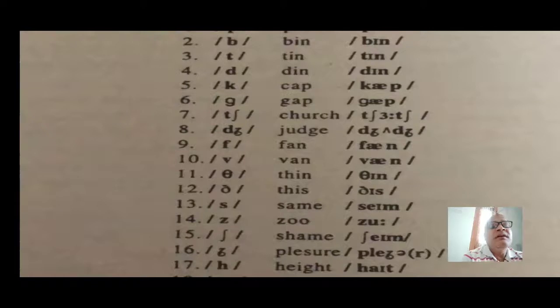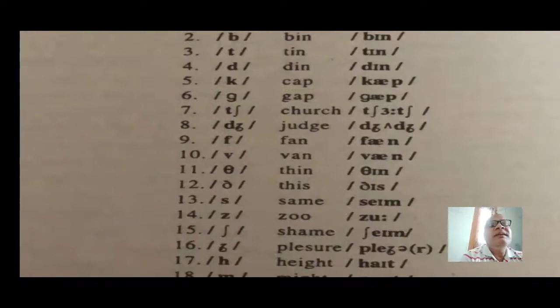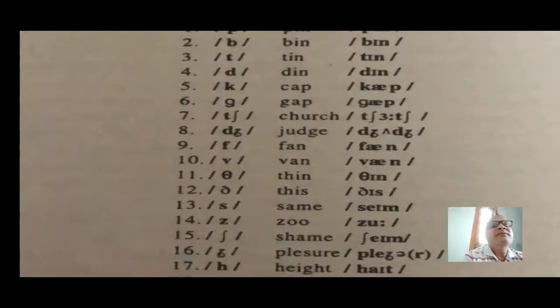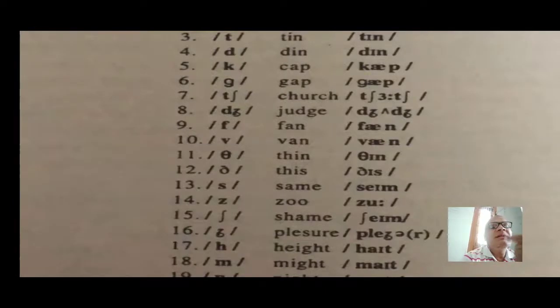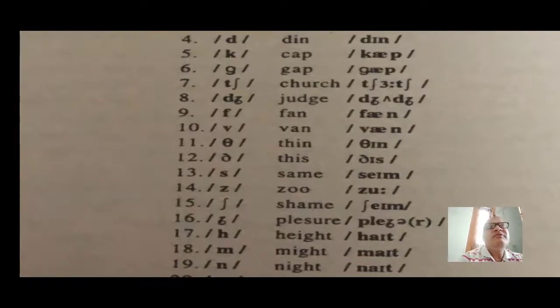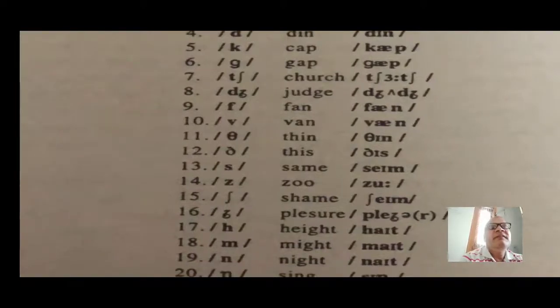Even in phonetic transcription we have a place for j, but there is no such space while we are learning the English alphabet. Like how we pronounce f and v, because these are labiodentals, and the difference between f and v is f is voiceless, v is voiced.